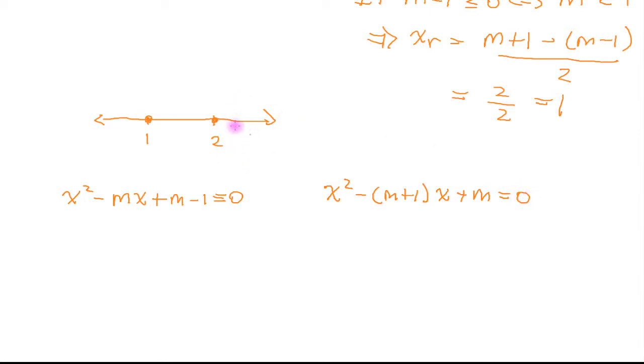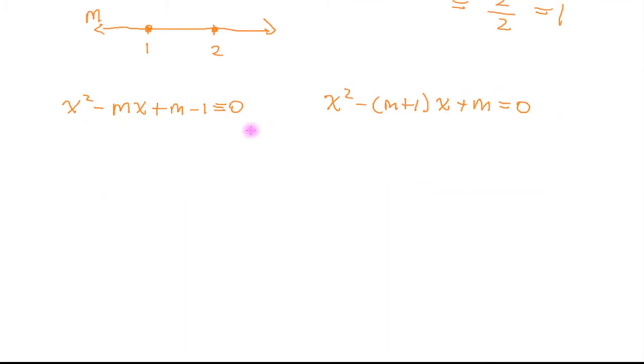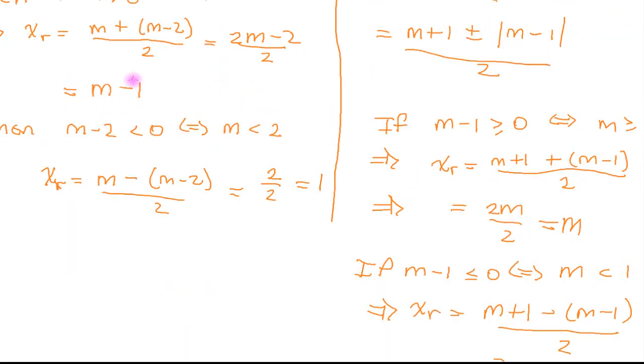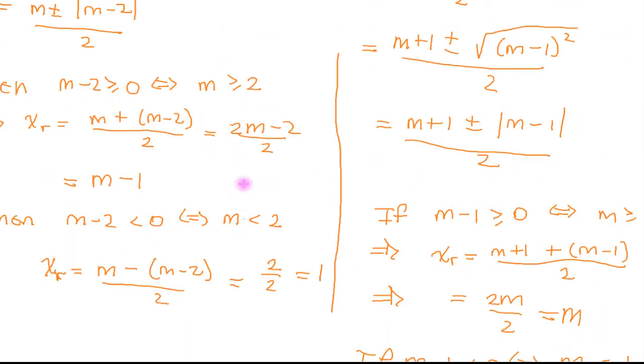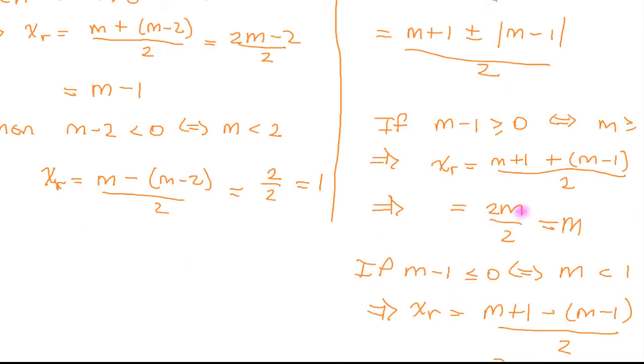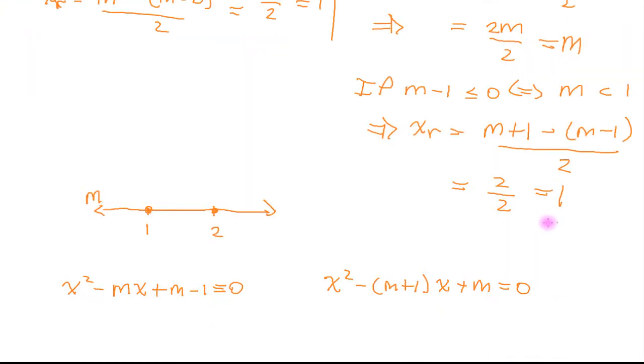Okay, now let's choose an m. This is the number line for m. Let's choose m greater than 2, so 3. So by this calculation, one of the roots is going to be 3 minus 1, which is 2. And by this calculation, one of the roots is going to be 3 in this polynomial.